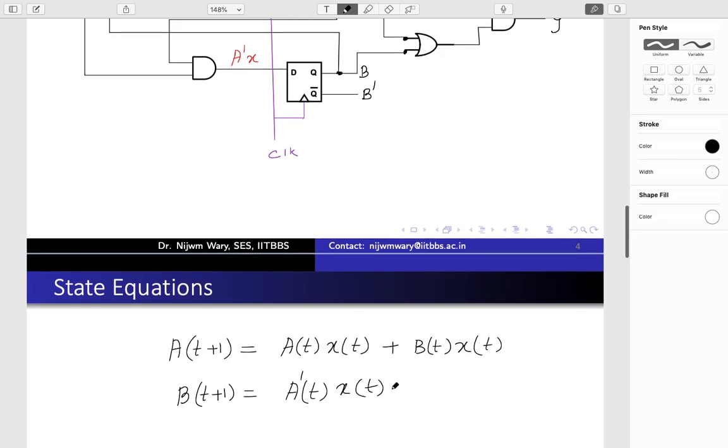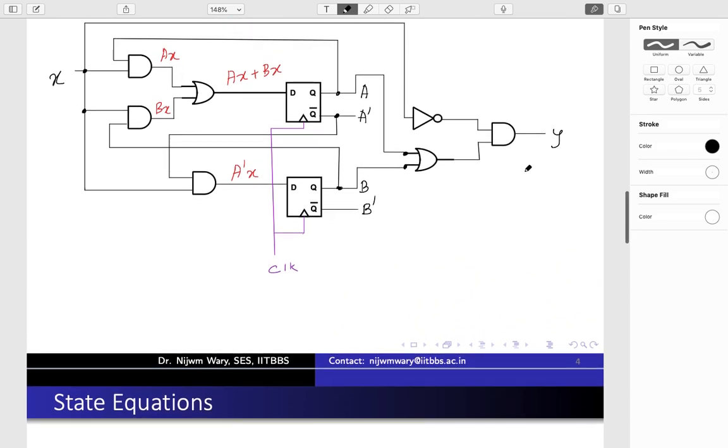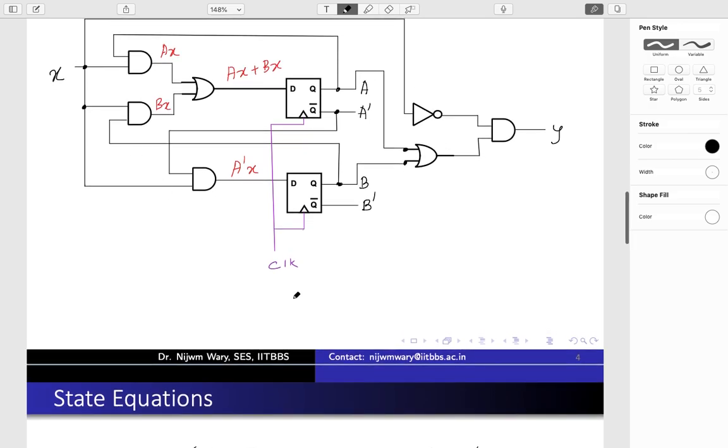A complement X(t), right? Now this y is directly dependent on the present x and also the present state of A and B. Whatever is currently the present state, the output y is dependent on the present state of A and B, and also the x.